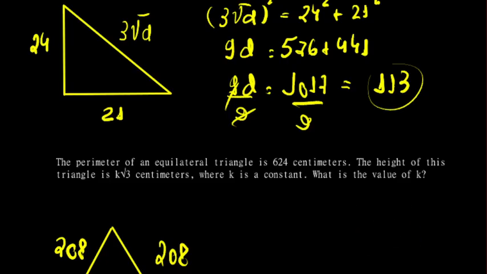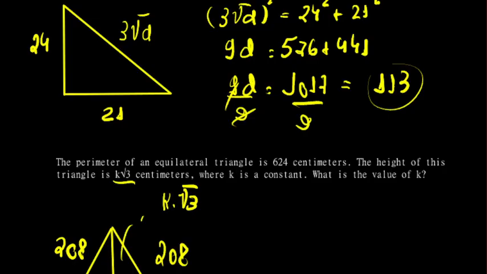The height of this triangle is k multiplied by square root of 3. So we're gonna do here, the height of the triangle is k multiplied by square root of 3, and we get again the Pythagorean theorem.